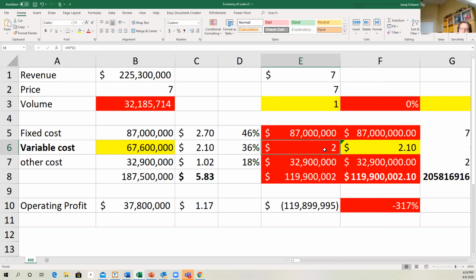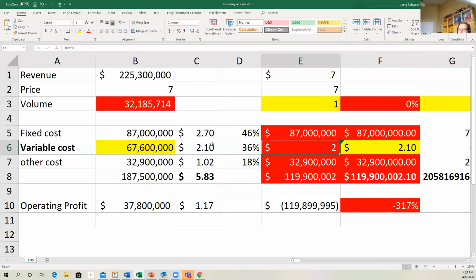That is not the goal, to reduce your variable cost, because now I produced only one unit and my price per unit is basically $119 million for that one unit. There will be very few people that would buy a bottle of laundry detergent for $119 million.